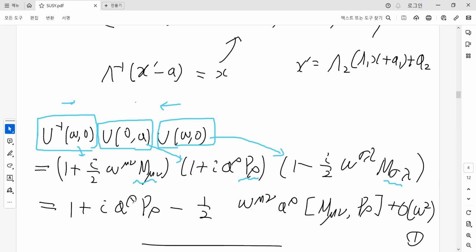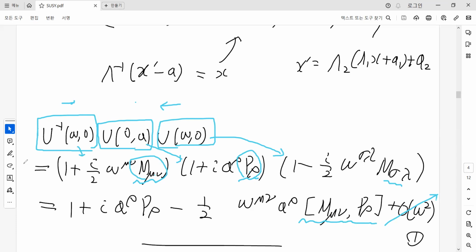If we consider just the first order in omega, neglecting higher orders, then we can observe that the commutator relations between M mu nu and the momentum operators turn out: M mu nu P minus P M mu nu.